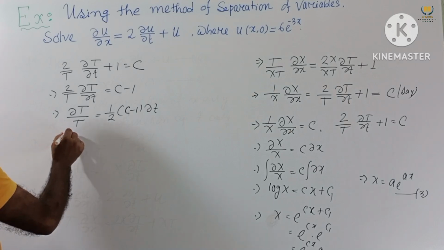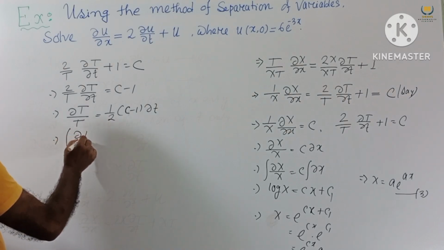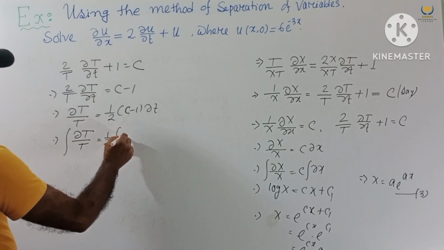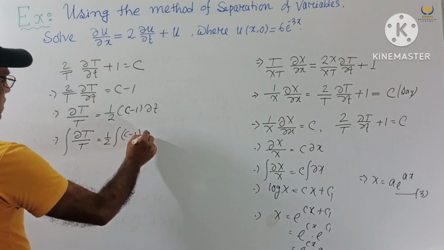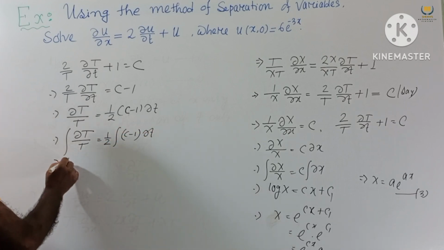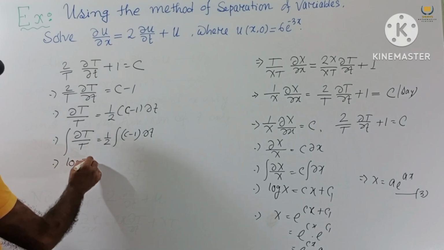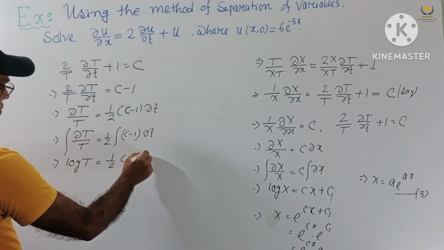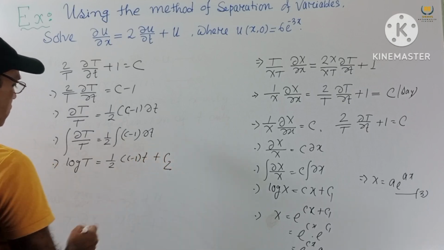So if we integrate both sides, ∂T/T = 1/2 (c − 1) ∂t. So this is log T, this is 1/2 (c − 1) t plus a constant, this one c2.